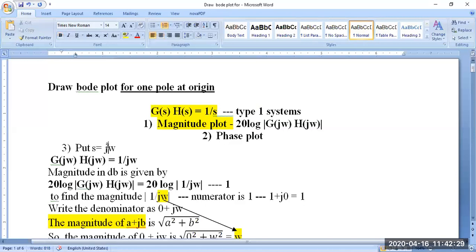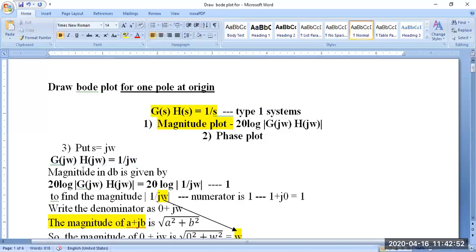Because s is sigma plus j omega, we are assuming sigma equal to 0. So s is equal to j omega. G of j omega into H of j omega will be equal to what? 1 upon s means 1 upon j omega.